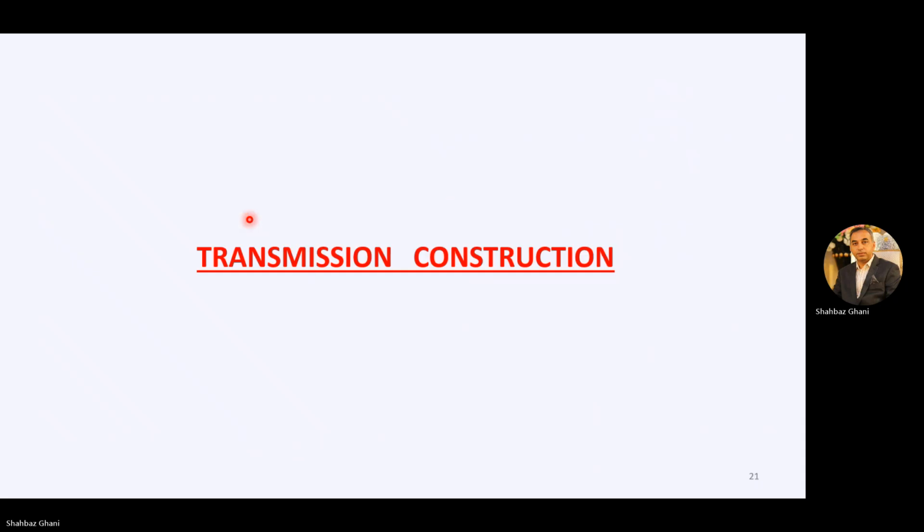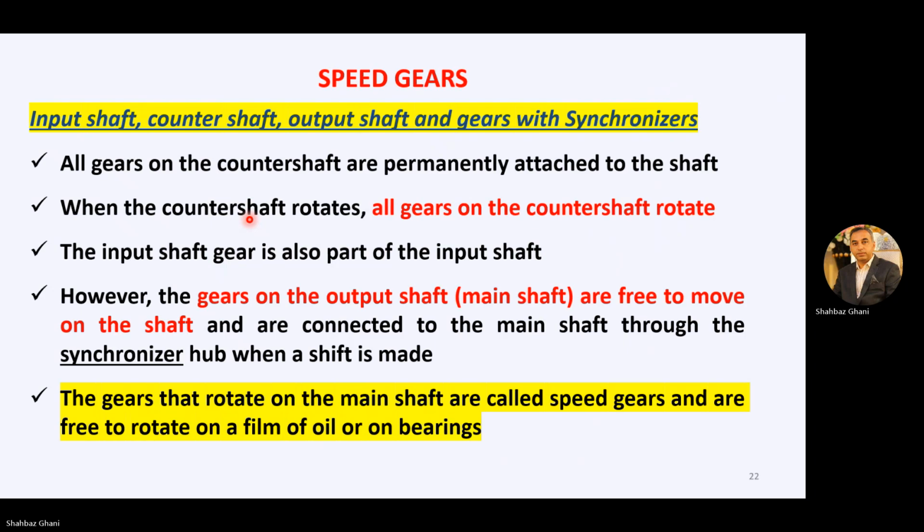Now, transmission construction. Speed gears have three major components: input shaft, counter shaft, output shaft, and gears with synchronizers. First is the input shaft, which is attached to your clutch.